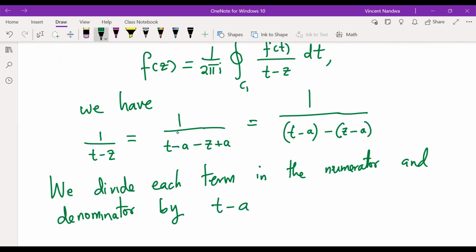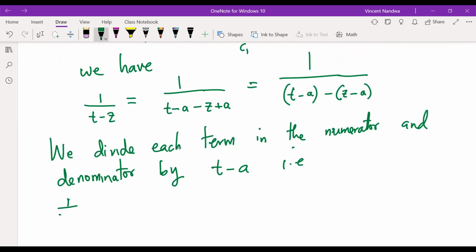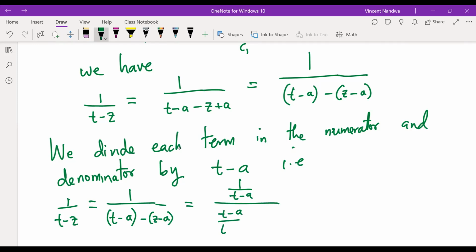So in this new expression, 1 over t minus z, which is the same as 1 over t minus a minus z minus a, is the same as 1 over t minus a, divided by t minus a minus z minus a over t minus a, which will give us 1 over t minus a divided by 1 minus z minus a over t minus a.